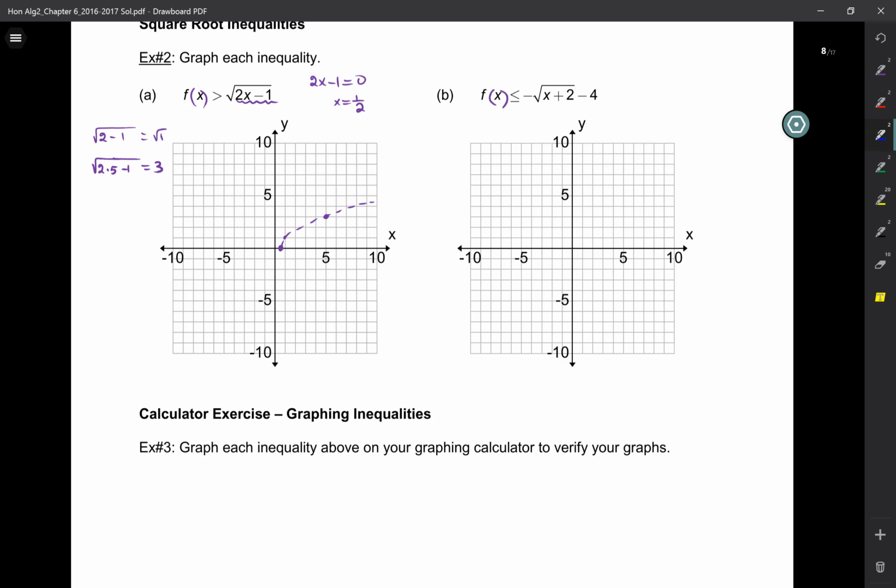But here's how you do it. This cannot even exist to the left of x equals 1/2. So it starts right here at the 1/2, and it's all of these here. So it's just over its domain.